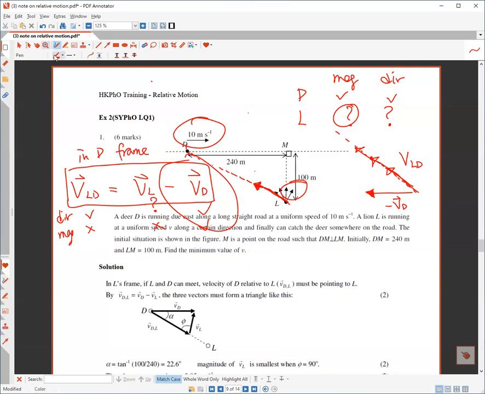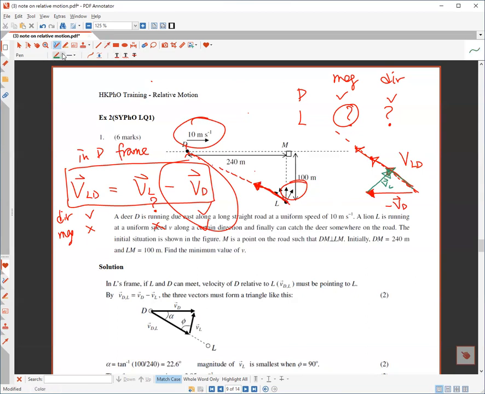So let's say I use a different color of pen. Let's say the VLD is this green arrow. Then the VL should be the vector pointing towards here, such that VL plus negative VD is in this direction.